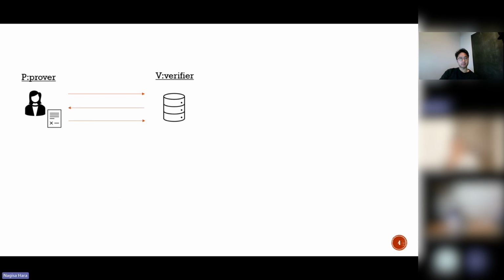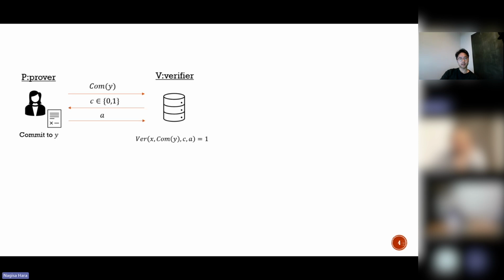Instead of sending the raw information of your witness, in a general way, first of all you commit to your witness and send the commitment to the verifier, and the verifier replies with some challenge, 0 or 1, and the prover answers this challenge.